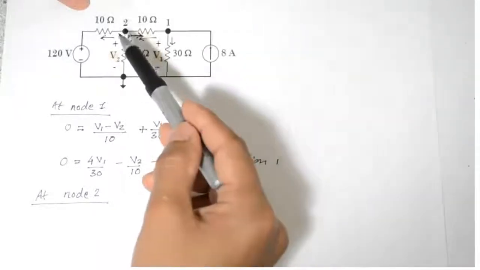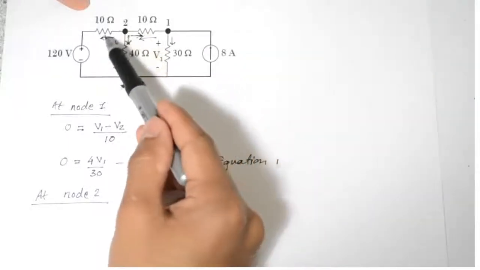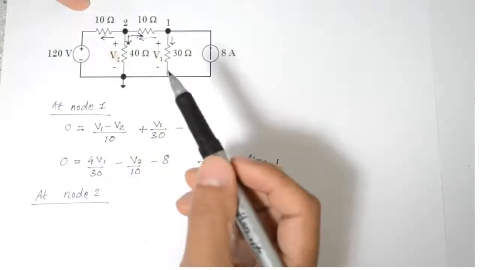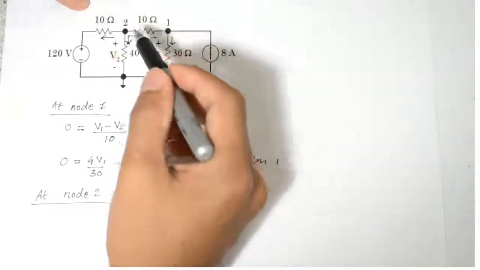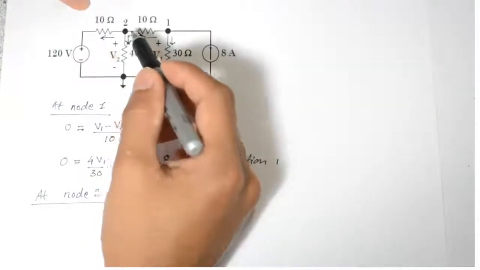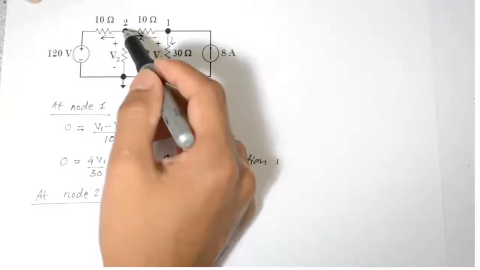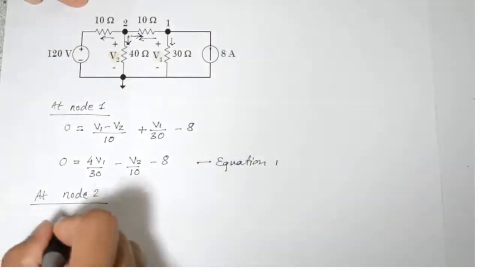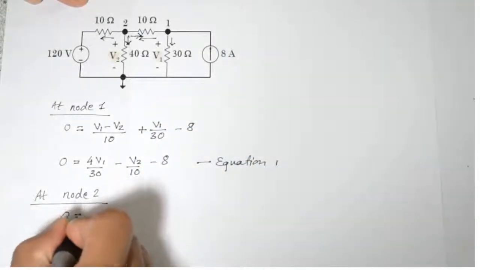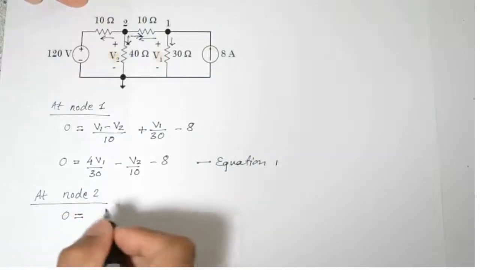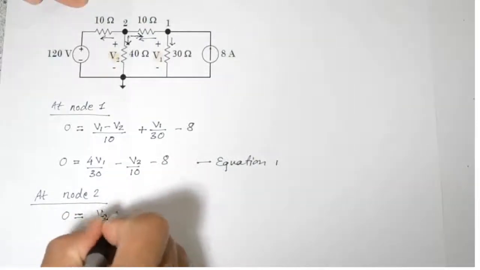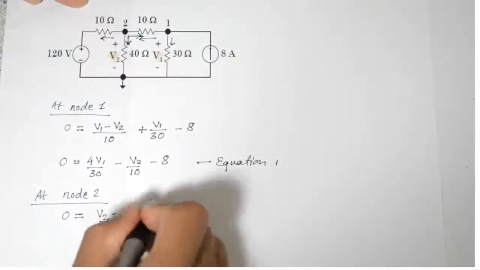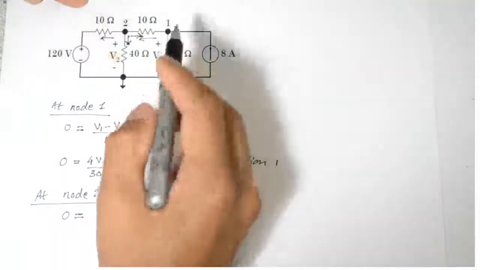So at node 2, also we have 3 currents, to the left, to the ground, to the bottom, and to the right. So looking at from node 2 to node 1, our current would be 0 equals, now using KCL and Ohm's law, V2 minus V1 by 10 for this current right here.